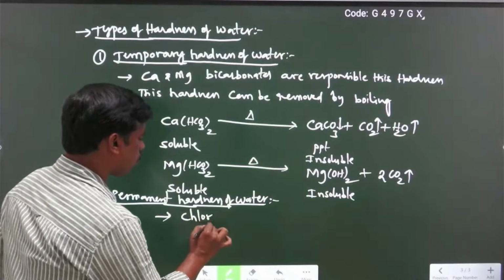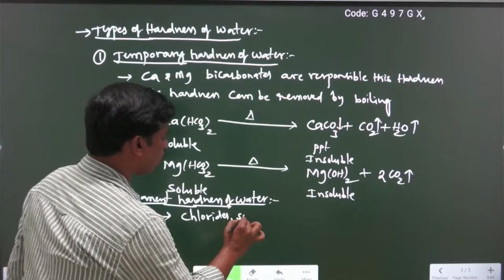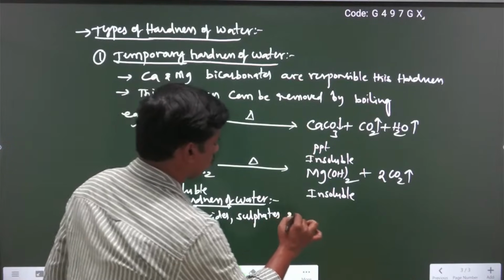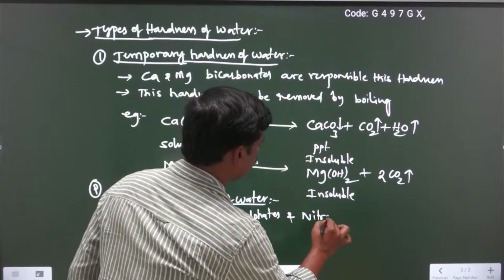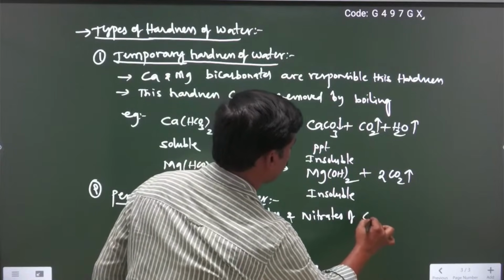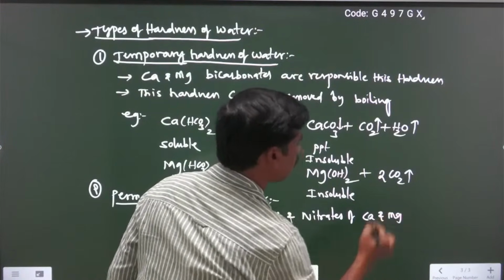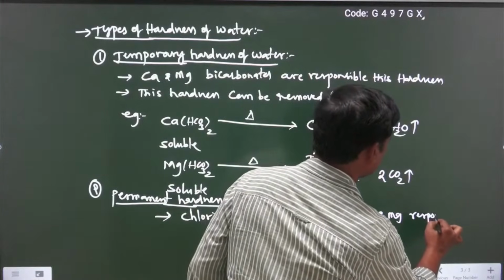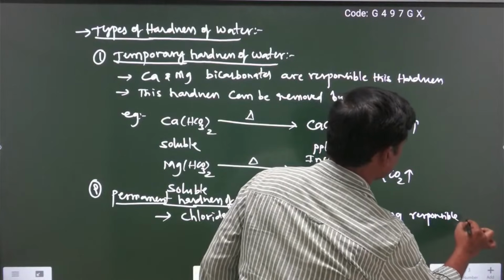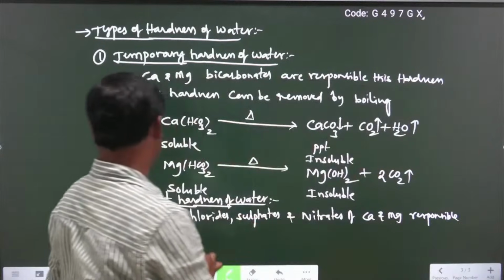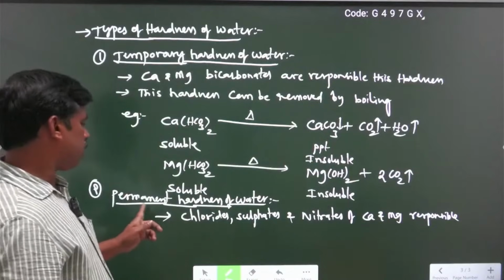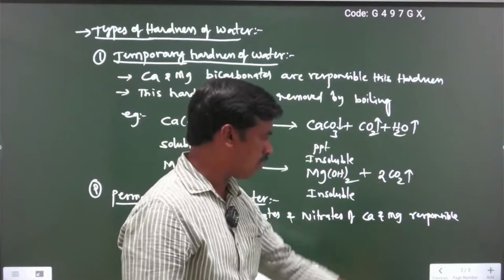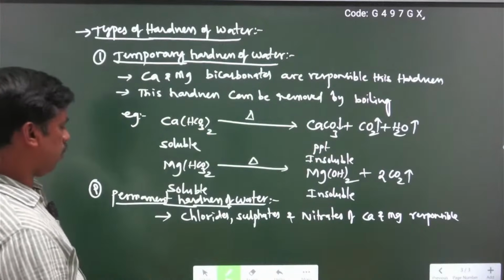Chlorides, sulfates and nitrates of calcium and magnesium are responsible for permanent hardness.